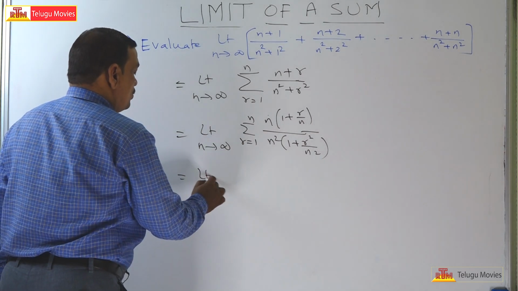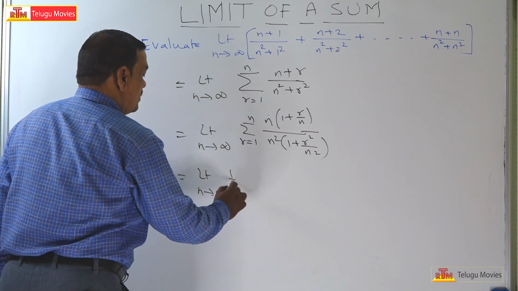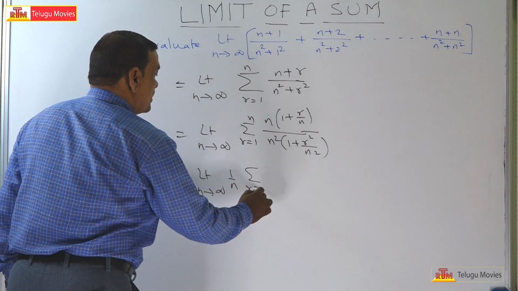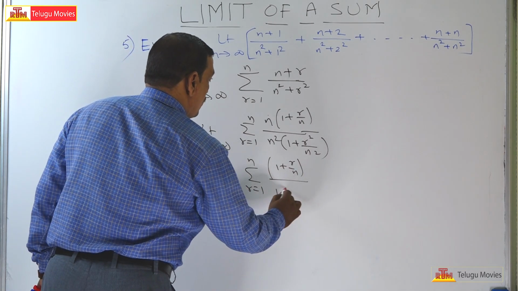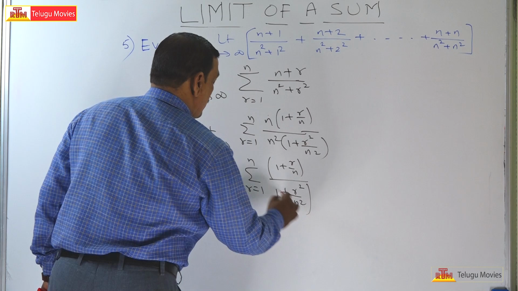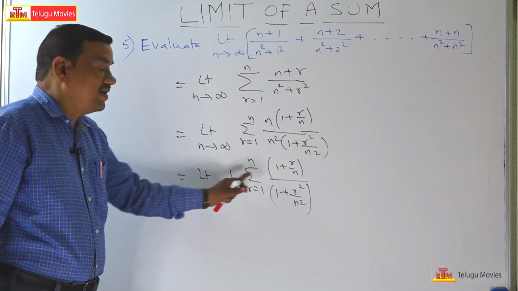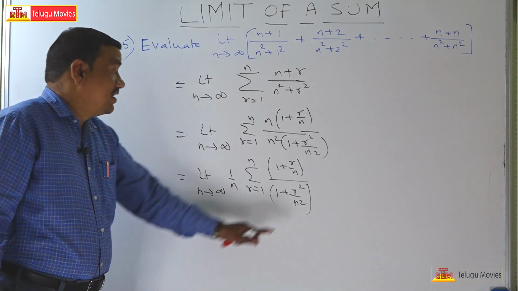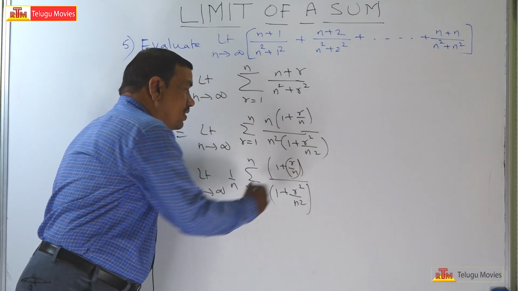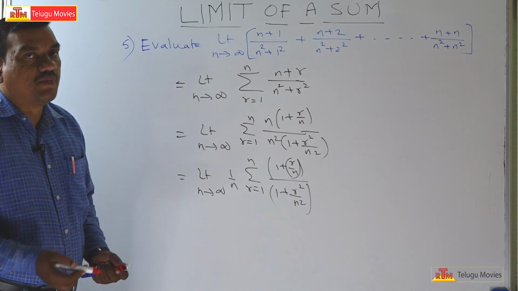So this is equal to limit n tends to infinity 1 by n, sigma r runs from 1 to n, 1 plus r by n by 1 plus r square by n square. Okay, now everything in the format is there. Now these three terms are very, very important. Here it should be a function of r by n. Wherever r by n is there, put x.